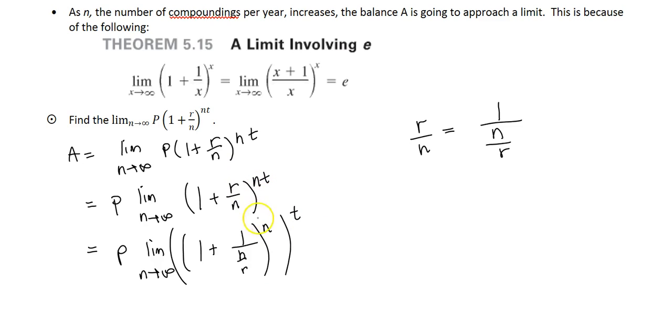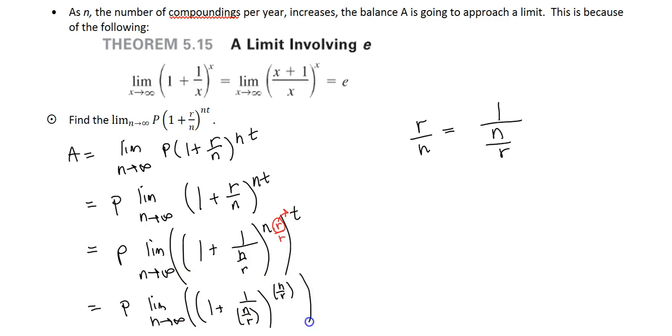And then right here, I'm going to multiply this by R over R, but I'm going to take one of the R's and bring it outside. So this would be P times the limit as n approaches infinity of (1 plus 1 over (N divided by R)) to the N over R power, and then that's all raised to the t power.